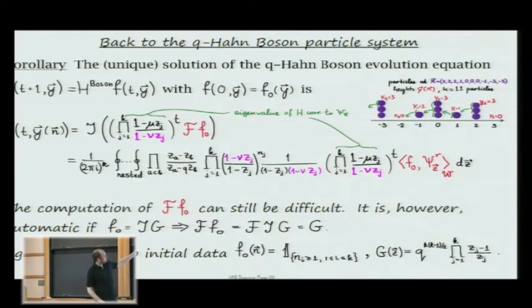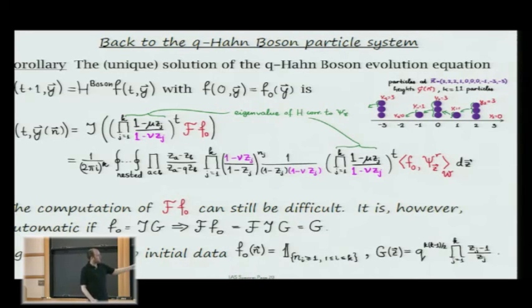As we said before, if we wanted to study the Q-Hahn TASEP or the TASEP type processes, duality told us that we could study the Q-Boson evolution equation with suitable initial data and that would suffice to compute moments. This was the analog of studying the delta Bose gas to compute moments of the stochastic heat equation. The challenge was it wasn't clear how to compute for arbitrary initial data, which one might be interested in.